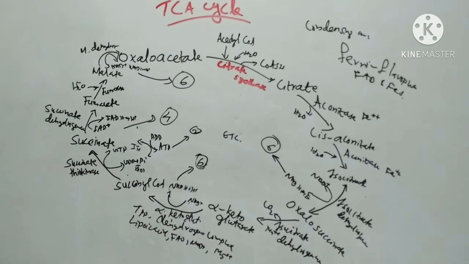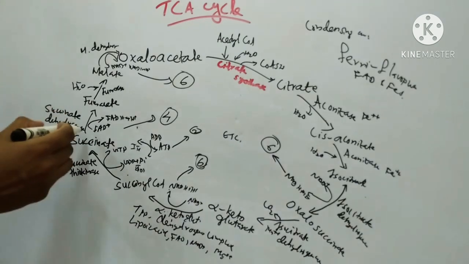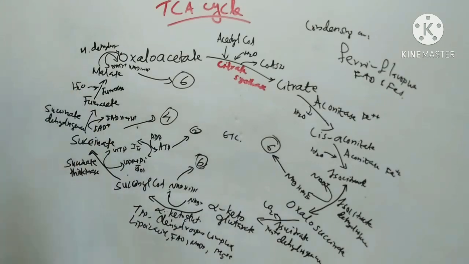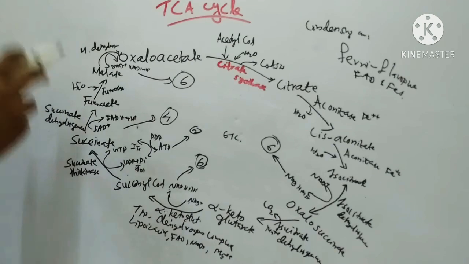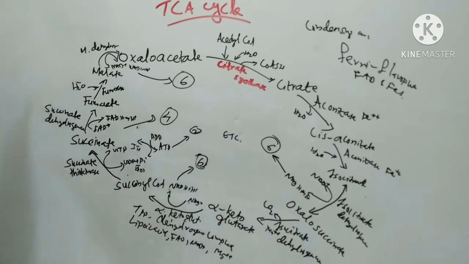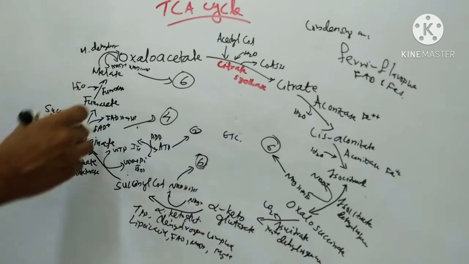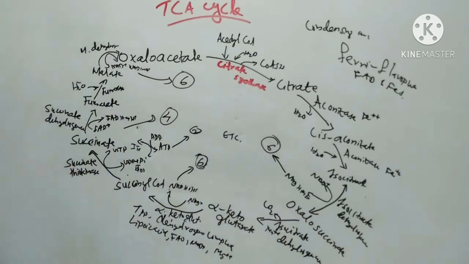This is the only dehydrogenation in the citric acid cycle which involves direct transfer of hydrogen from the substrate to a flavoprotein without the participation of NAD plus. Then addition of malonate.